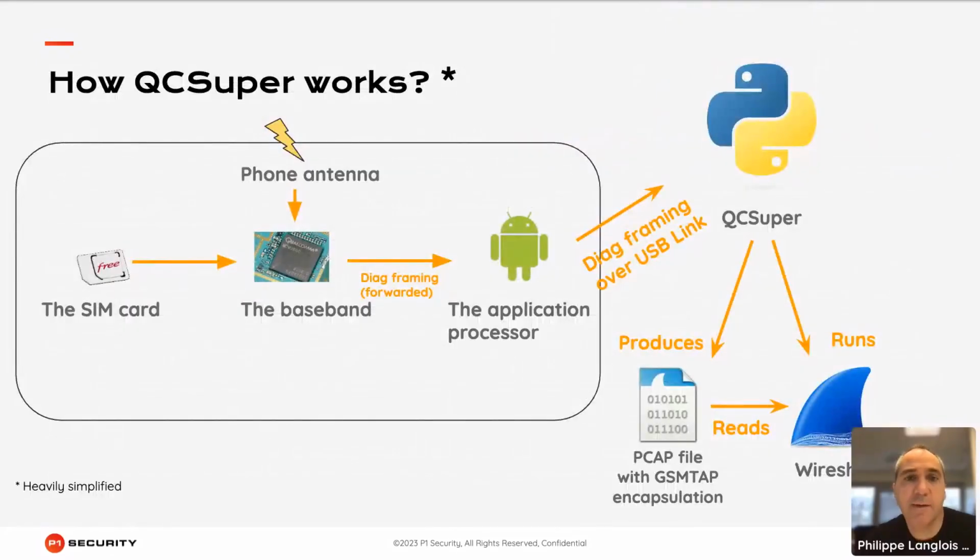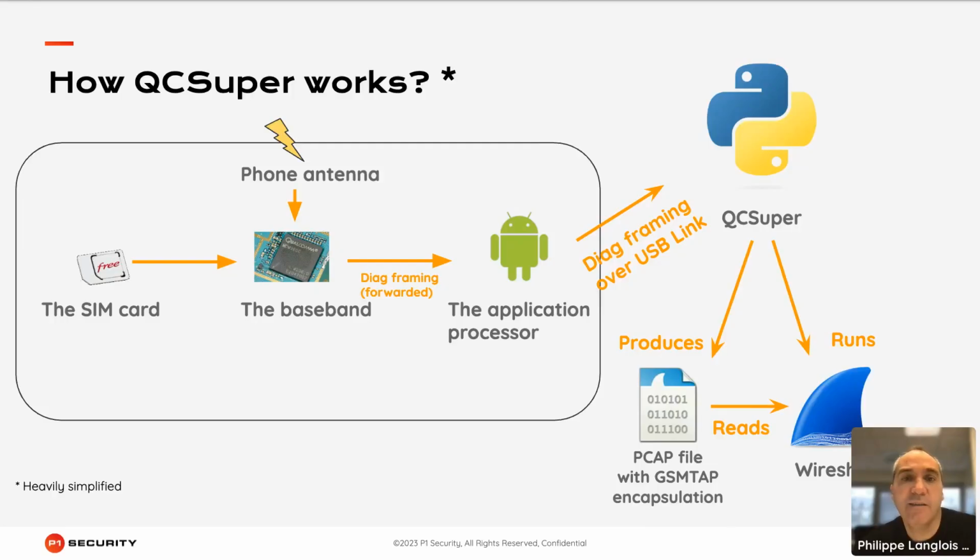Right. So graphically, how that works is that you basically have your baseband that is receiving some information both from and to the network through the antenna. It uses a SIM card in order to authenticate, and everything that goes with the network is actually copied over DIAG in the diagnostic format.